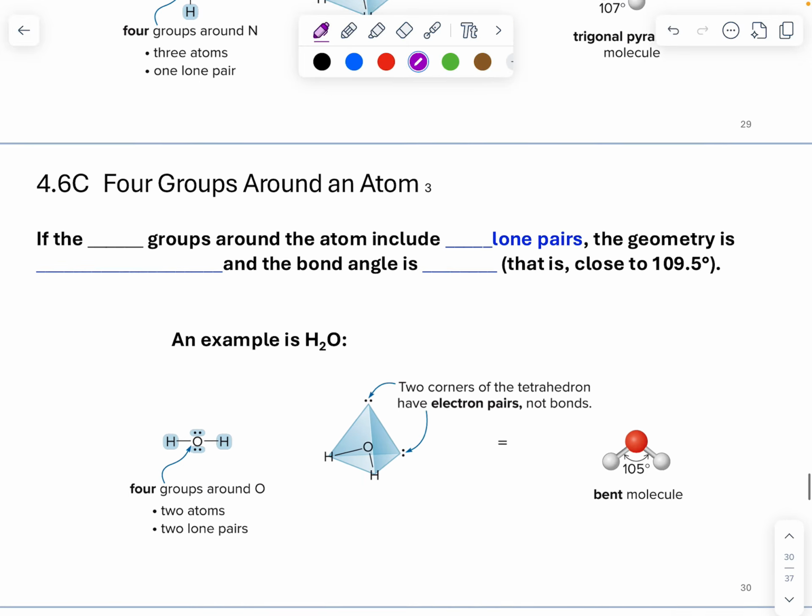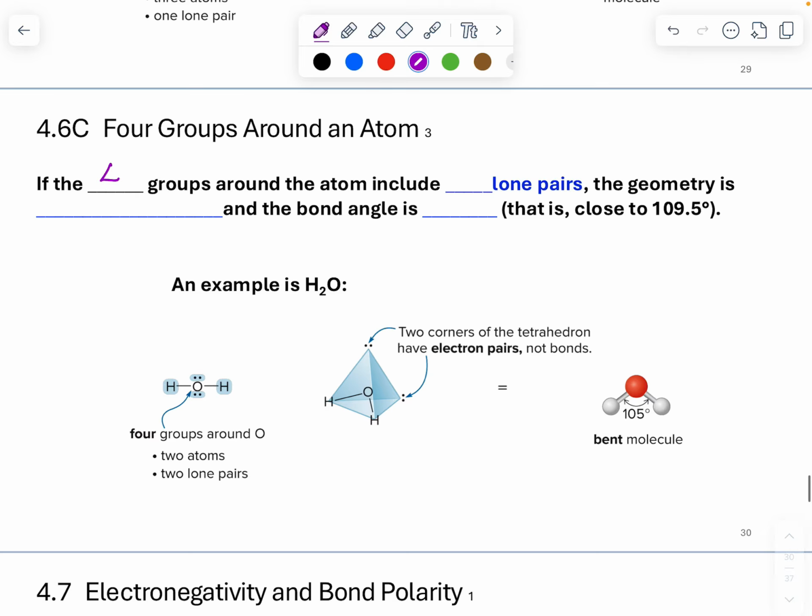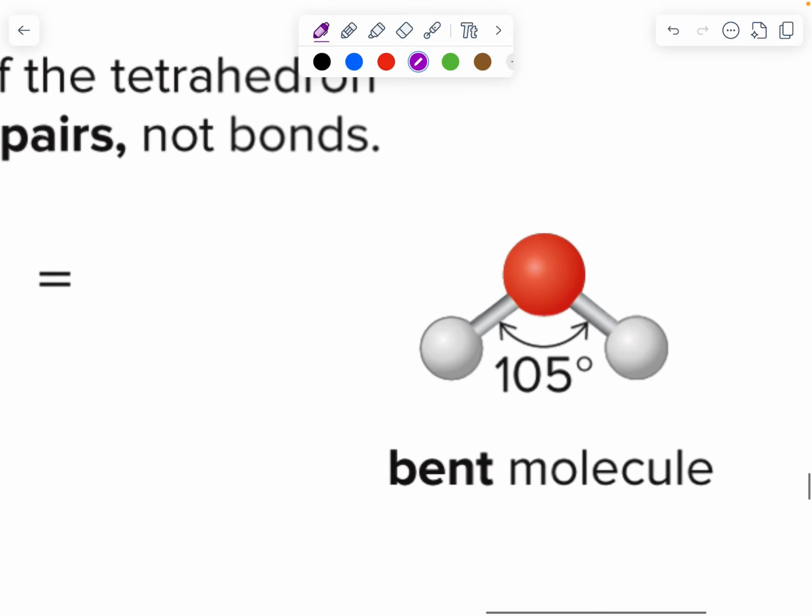We can also have 4 groups around the atom, but you might have 2 lone pairs, as we saw with our example with water earlier. This geometry is said to be bent, and the bond angle is 105 degrees. So with 2 lone pairs, we see that it shrinks the bond angle even more. And so we have what's called a bent shape. And if you look at this ball and stick model, you can see how they came up with the name. It appears to be bent.